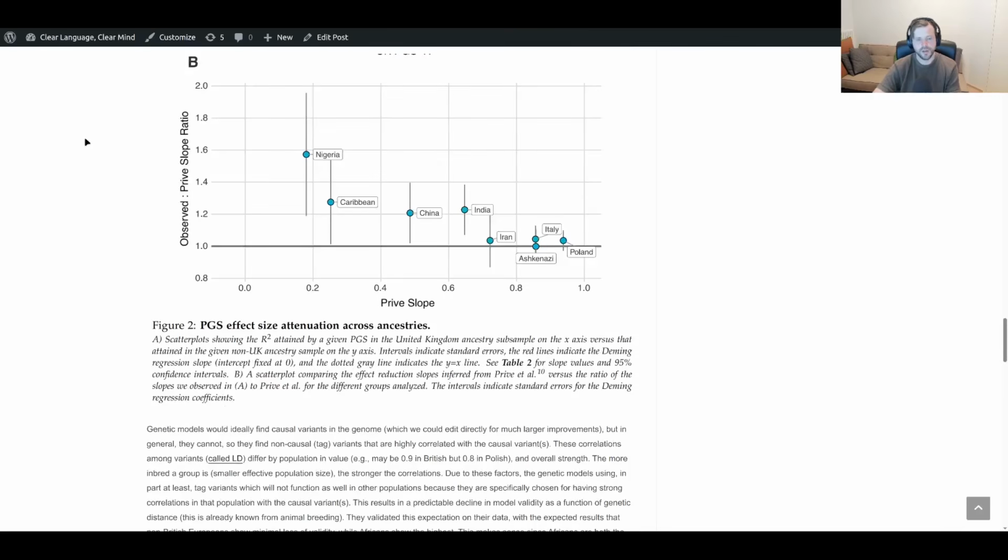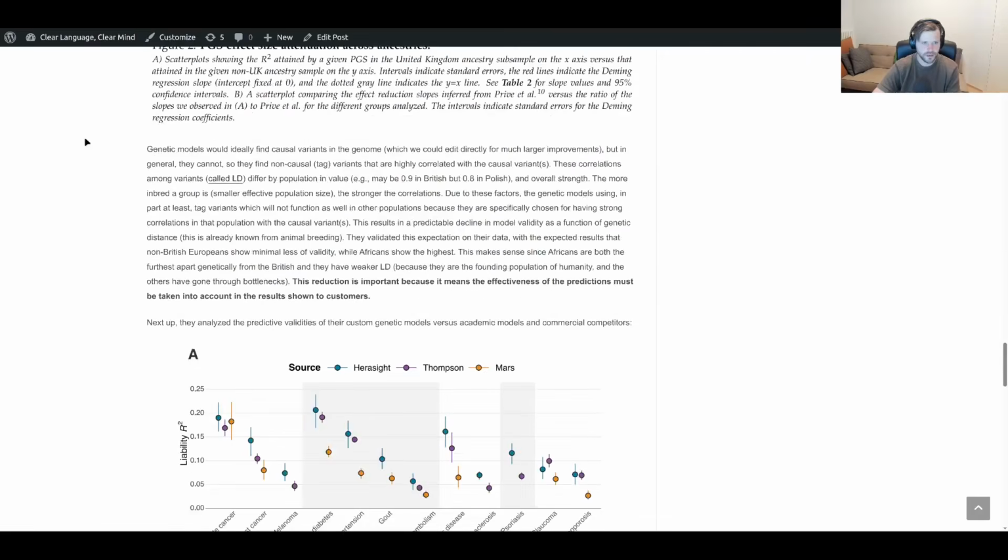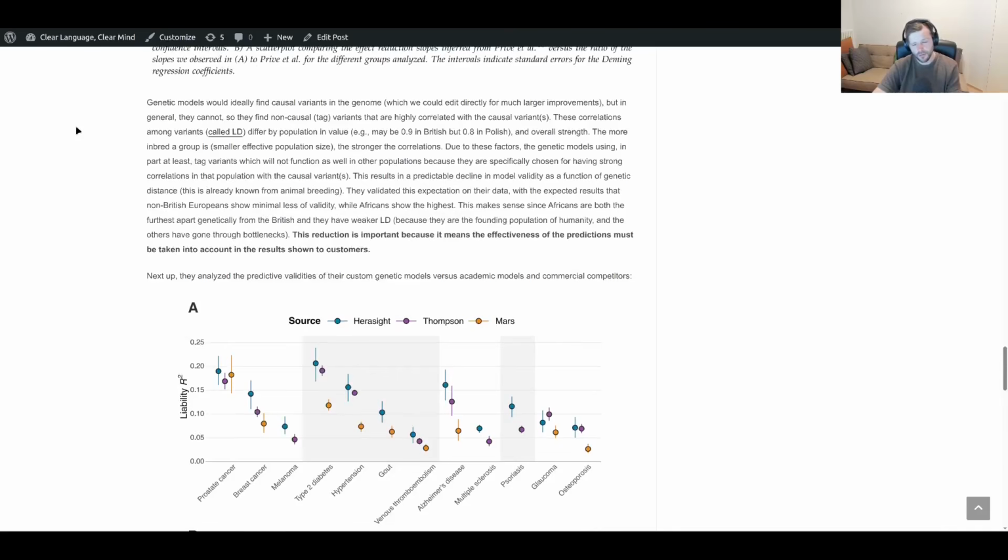Until large African biobanks are collected, which probably has to be done in the US or Brazil or countries with large amounts of Africans and enough money to do this kind of biobank, and until these are included in the training samples and the models take them into account, finding the more causal variants, or at least better proxies that work across ancestries or races if you want, until then the genetic models will continue working better for Europeans, who contribute roughly 75% of the genetic data in the databases.